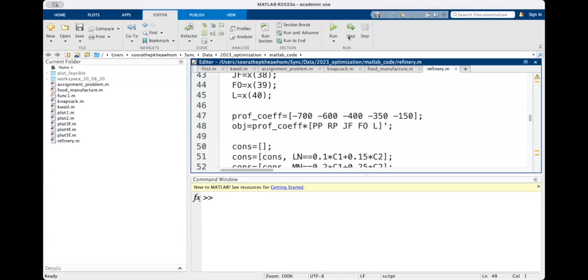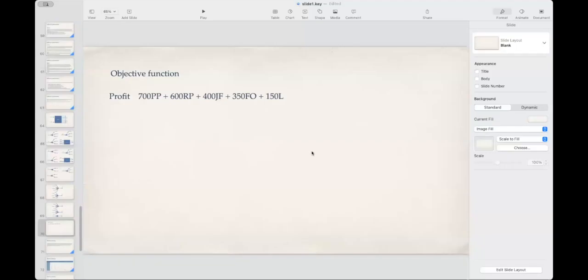Okay, so for constraint, what is the first constraint? What do we have? We can look at the conversion first.